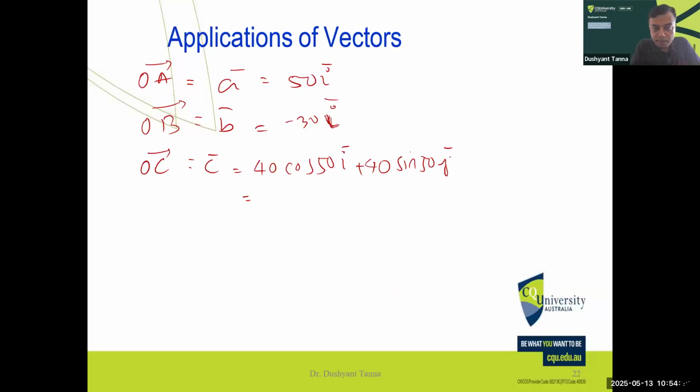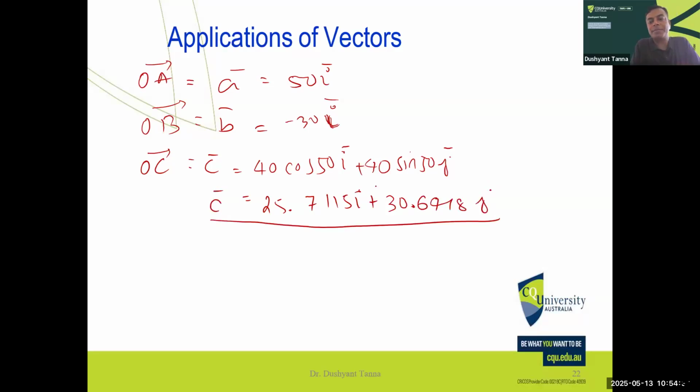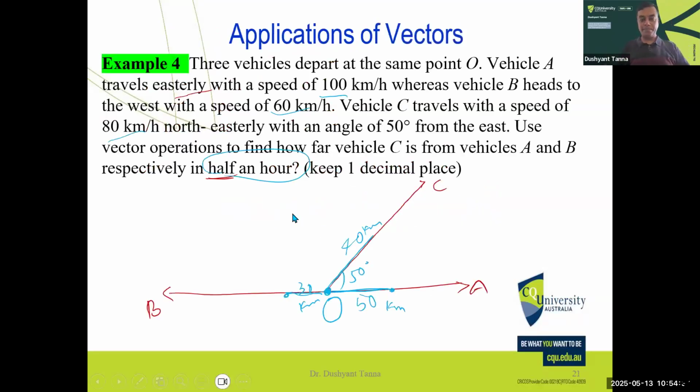25.711 i, 30.6418 j. I would stress something here. Even though the question says 1 decimal, don't do it now, because then it's called truncation error.